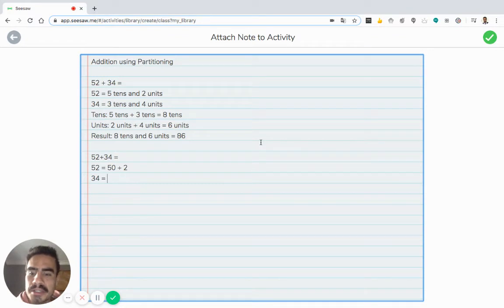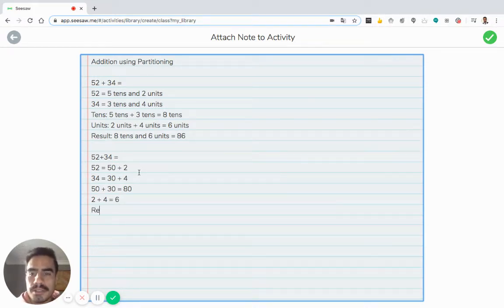And 34 is the same of 30 plus 4. Now, we add together 50 plus 30 equals 80, and 2 plus 4 equals 6.